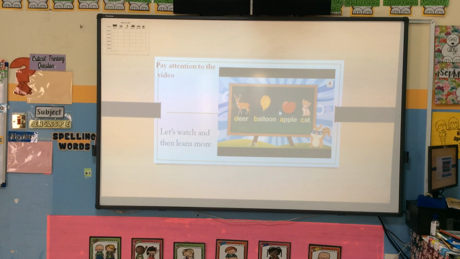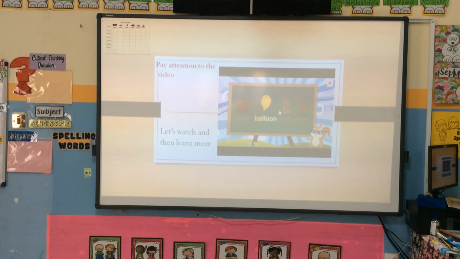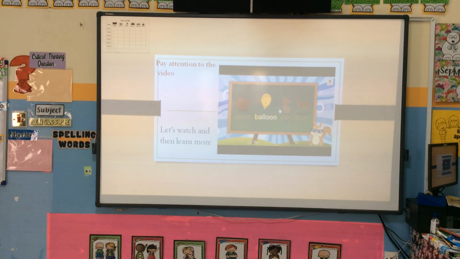The word that begins with the letter A comes first, followed by the word that begins with the letter B. Then C, then D, and so on. So, this list in alphabetical order will be like this: apple, balloon, cat, deer. Let us now look at another list of words.